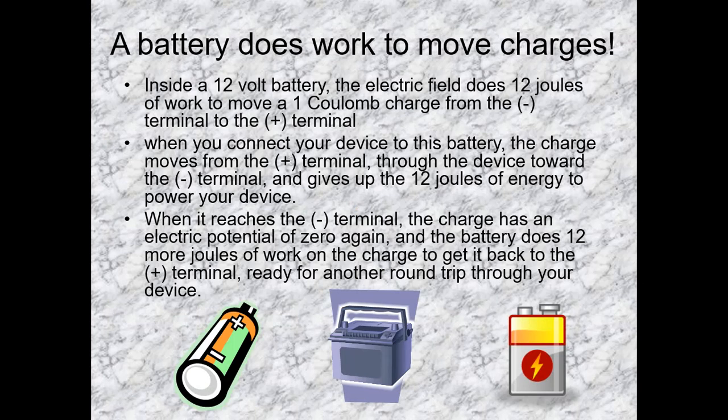Now, a battery does work to move charge. How does it work? Inside a 12 volt battery, the electric field does 12 joules of work to move 1 coulomb of charge from the minus terminal to the plus terminal.